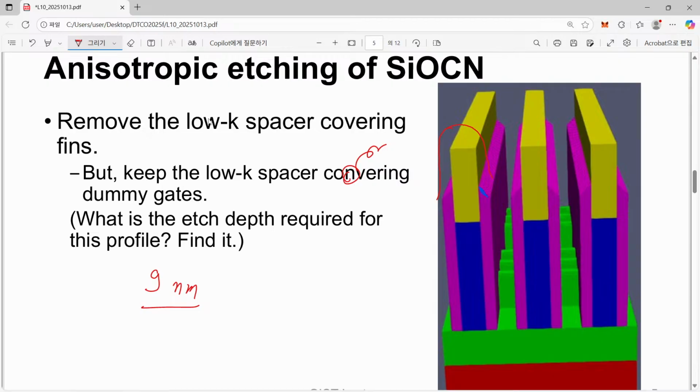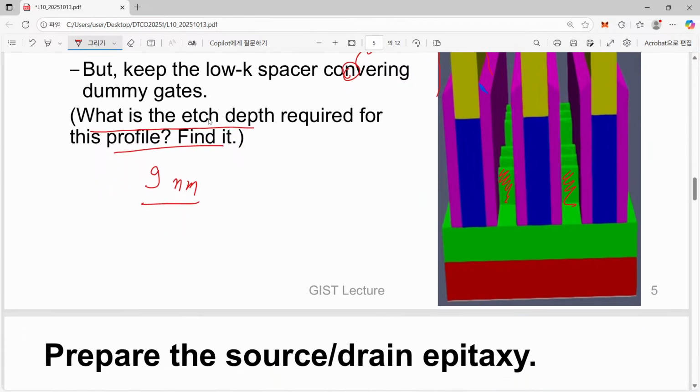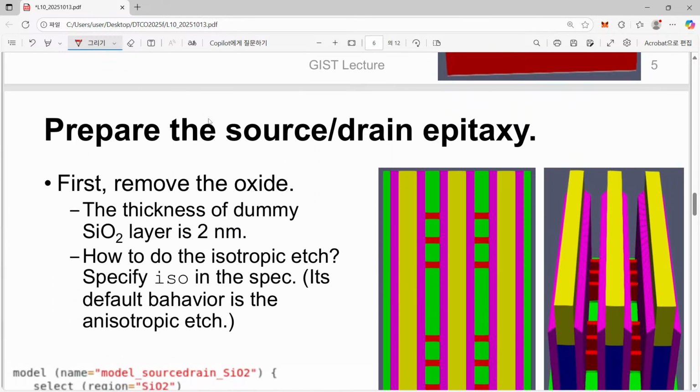One of my recommendations is, please try to find it by your own experiment. If you do just 9, then you will have a remaining sidewall here. Okay, so now we assume that we make a complete etch away of our fin sidewall.